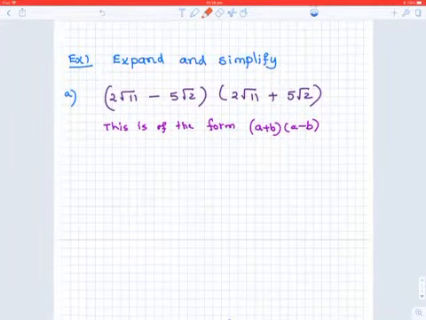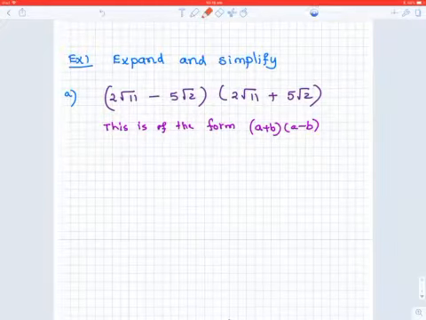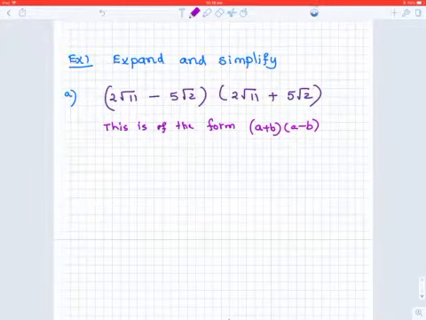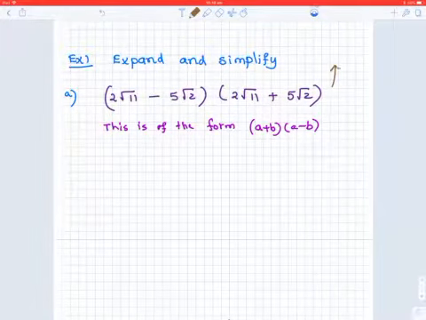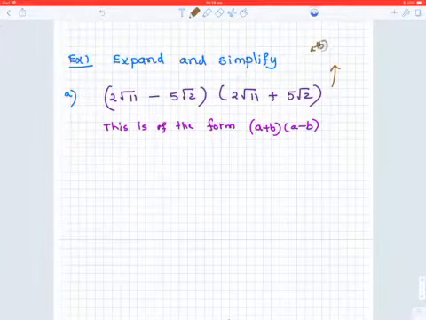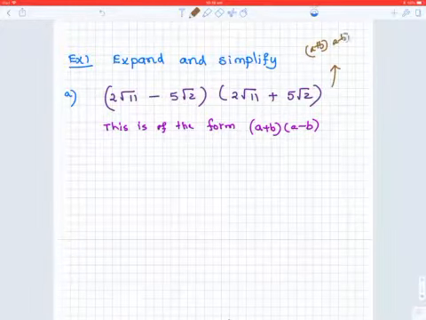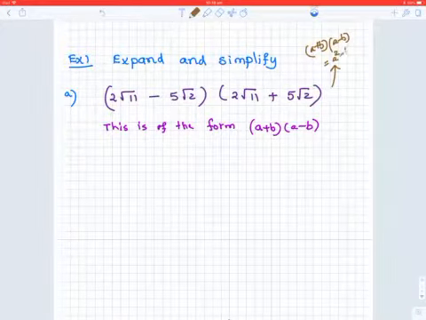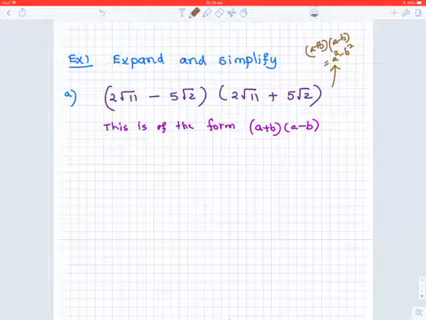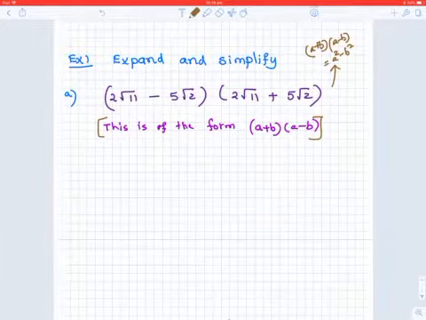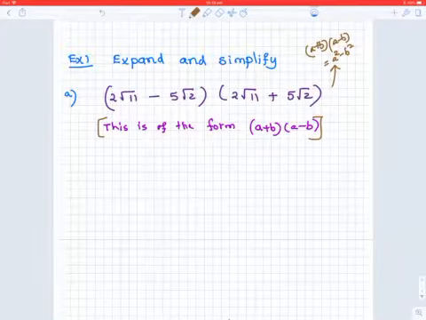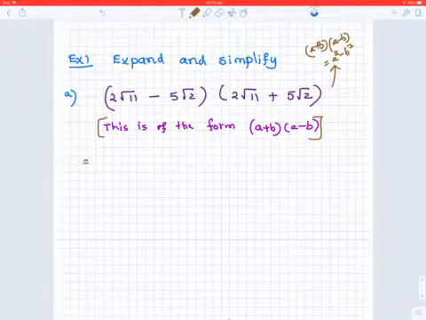I'm going to use that formula. So first let me write the formula: (a + b)(a − b) = a² − b². I'll just put it in brackets.